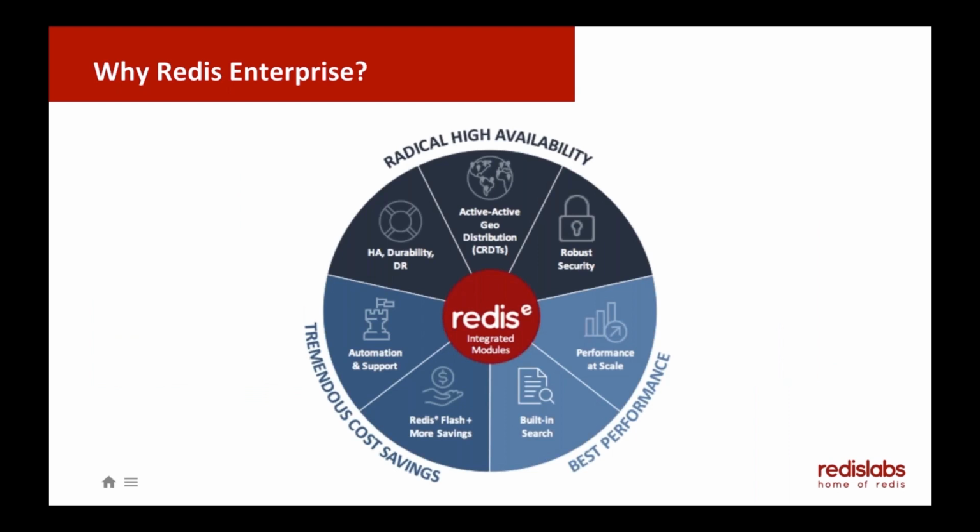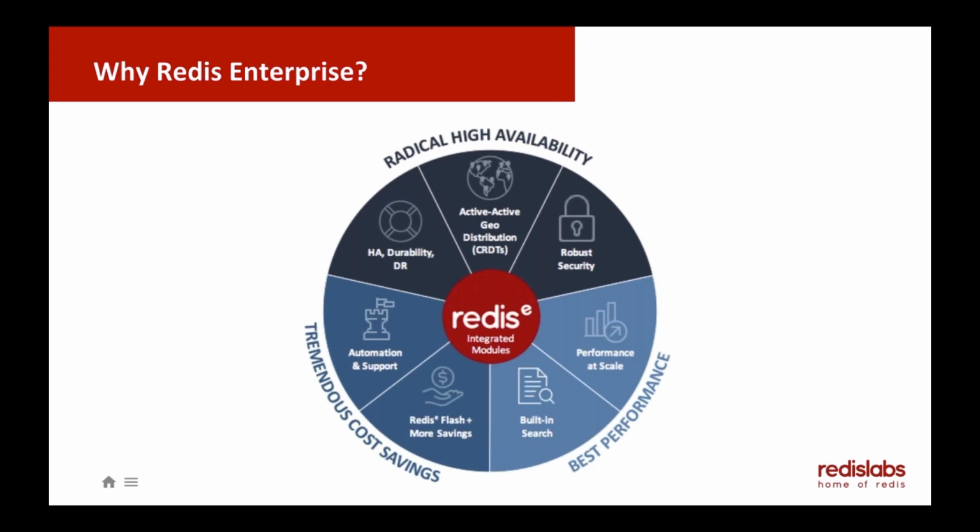Redis Enterprise, as I said, is built on top of Redis open source. It's fully compatible with Redis open source, so your applications simply have to change connection strings and they can continue to work if they're Redis applications. Redis Enterprise provides radical high availability with a clustered distributed deployment topology on-premise or in the cloud.